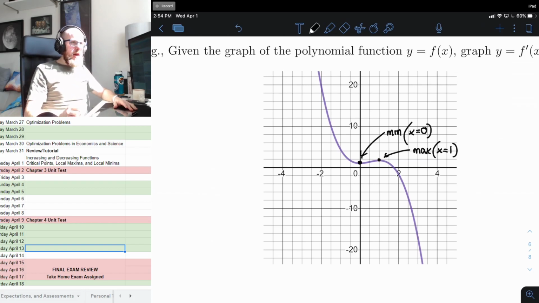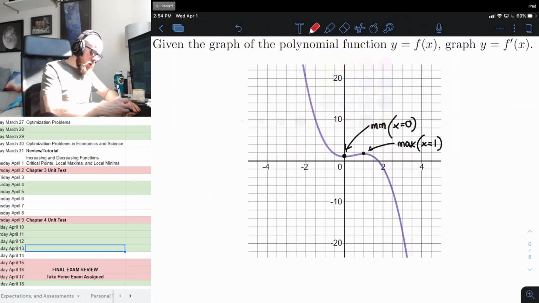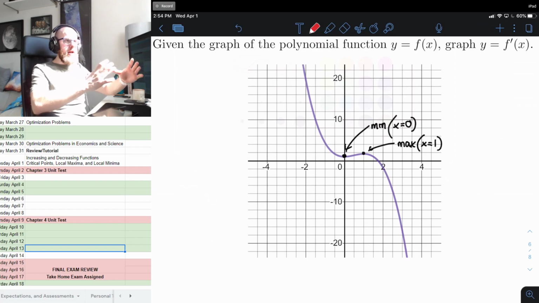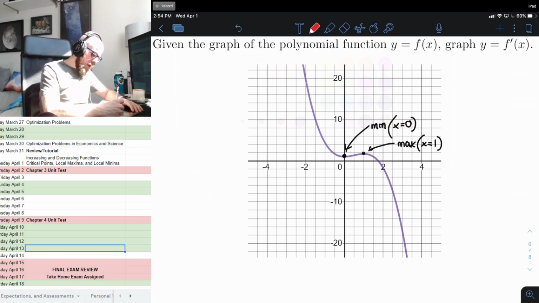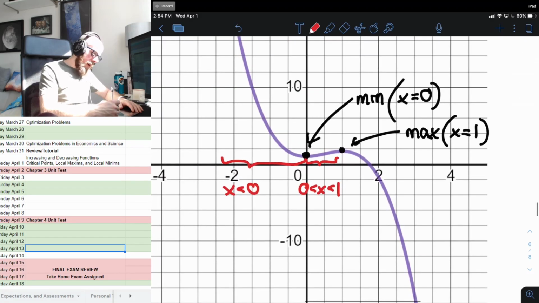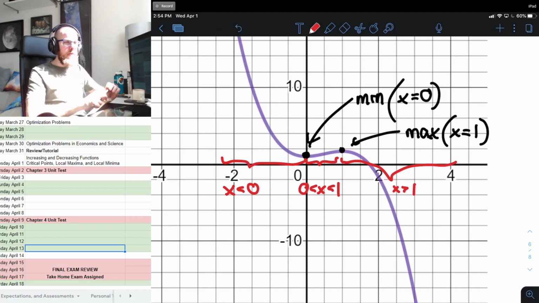If I break up this function, I have 3 intervals that I have to pay attention to, right? I have the interval when x is less than 0, this little interval in between when x is between 0 and 1, and then everything that's bigger than 1, x is bigger than 1. So those are the 3 intervals that I'm considering, okay?